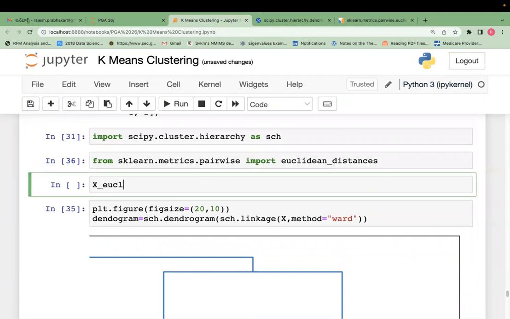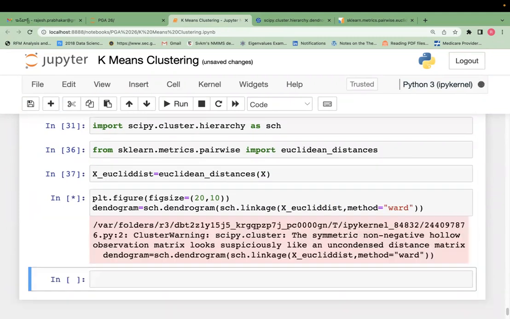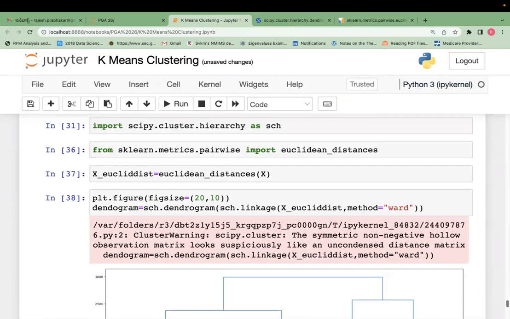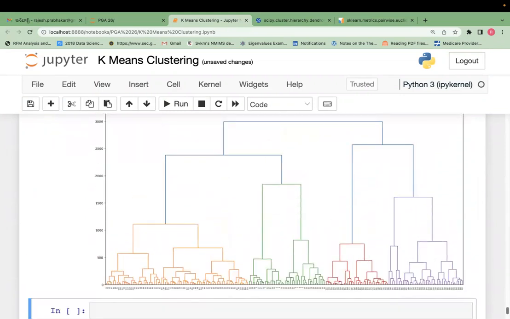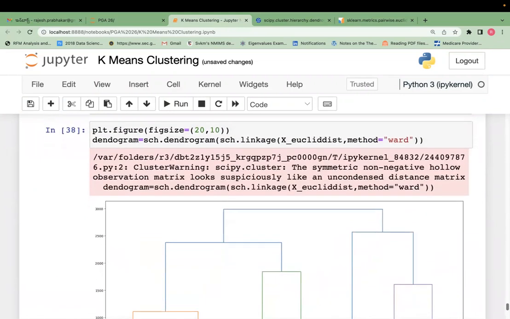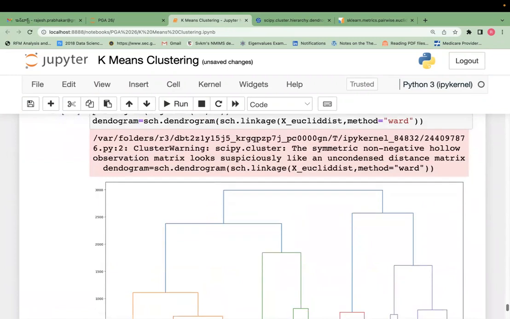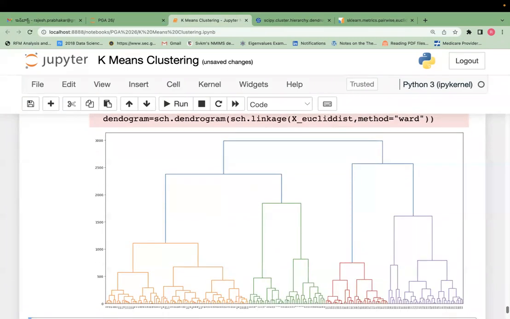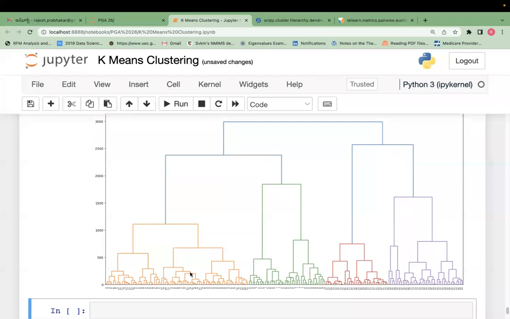X_euclid_dist is equal to euclidean_distances of X. Now we have the distance matrix. Clusters: orange, green, red.